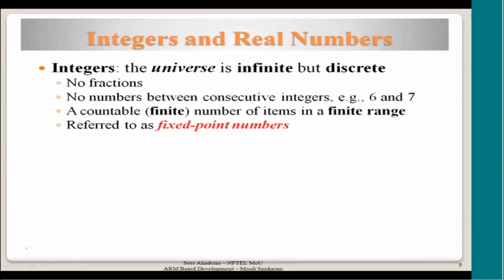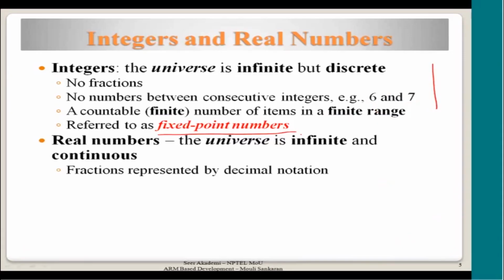So far, the integers we have seen are called fixed point numbers, okay. Now real numbers, that's what I talked about, 2.1 to 2.3, you can take anything, right? Between 2.1 and 2.103, there are also infinite numbers in between.